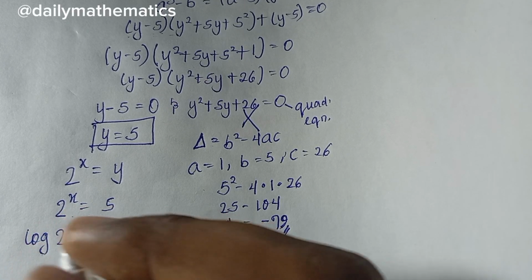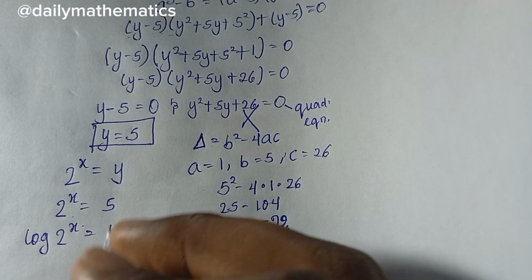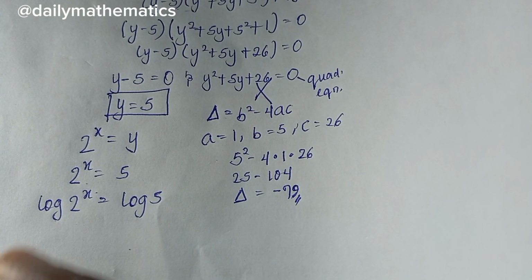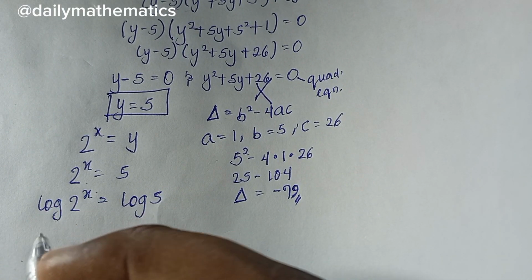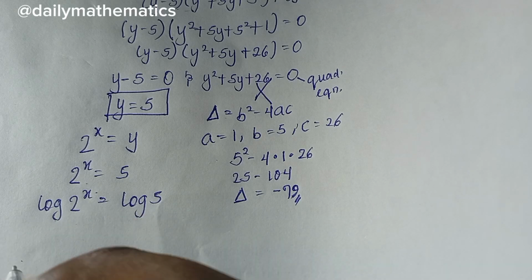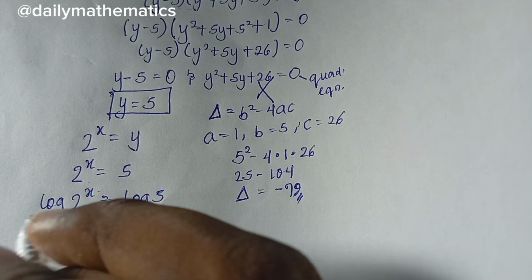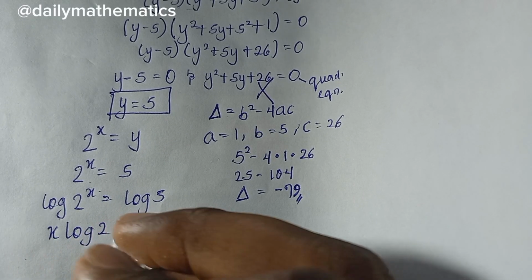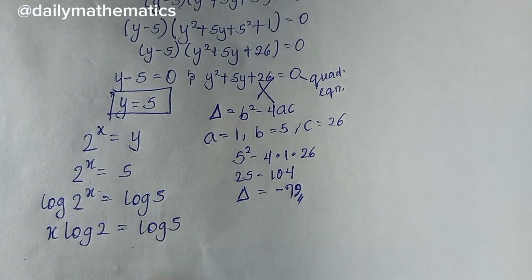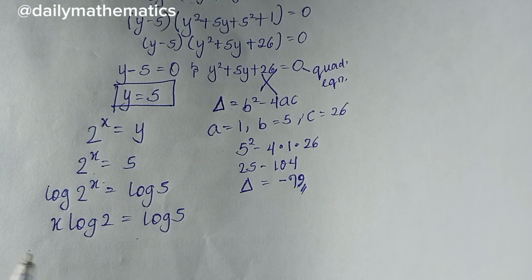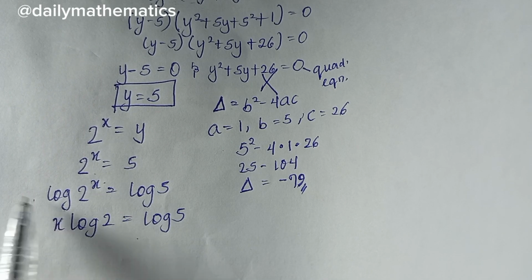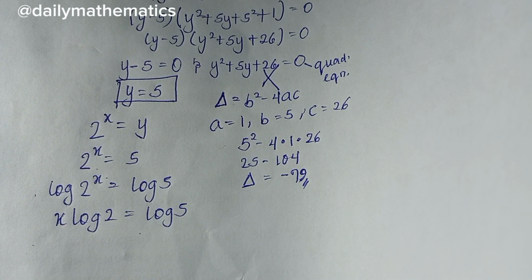Natural log of 2 raised to the power of x equals natural log of 5. And so from here, remember that when we have a log and it has a power, the power will go to the other side. That means here we have x log 2 equals log 5. So remember this, when we have a power here, it will come over to this side and become a coefficient.